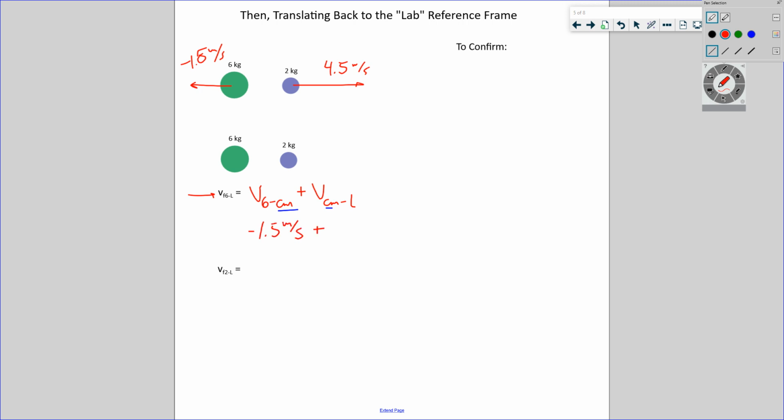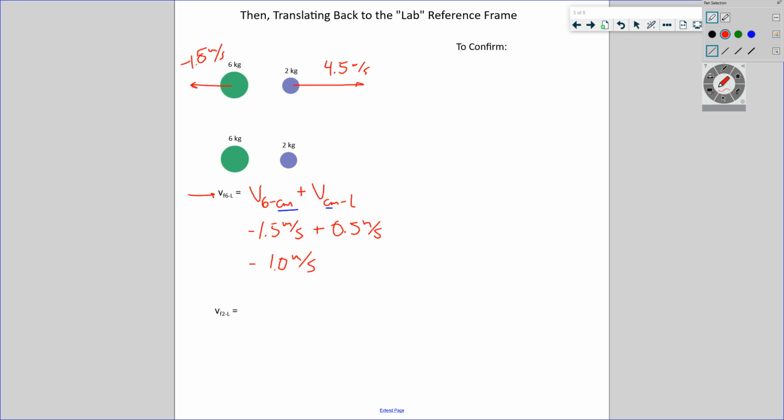The center of mass relative to the lab was 0.5 meters per second, and that's negative 1.0 meters per second.